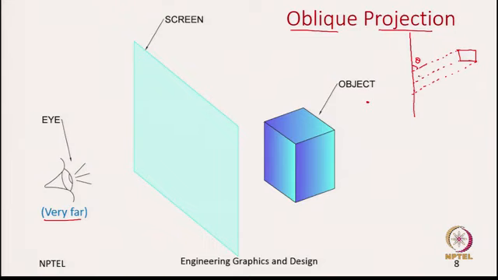Here, what is unique about this oblique projection is, since this edge is parallel to the projection plane, even in the projection plane you will have the same length. Let us say this is the width of the object as well as the height of the object. So, this is the width and this is the height.